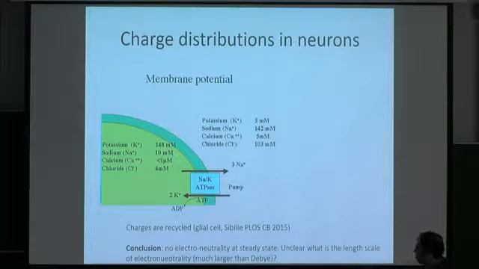And just to give you a flavor of how things happen, after you have an action potential, sodium goes in, potassium goes out. But the potassium is not coming back to neurons. It is first absorbed by glial cells, and then there is a cycle. The time scale of an action potential is usually much faster than the recycling of all of these ions.